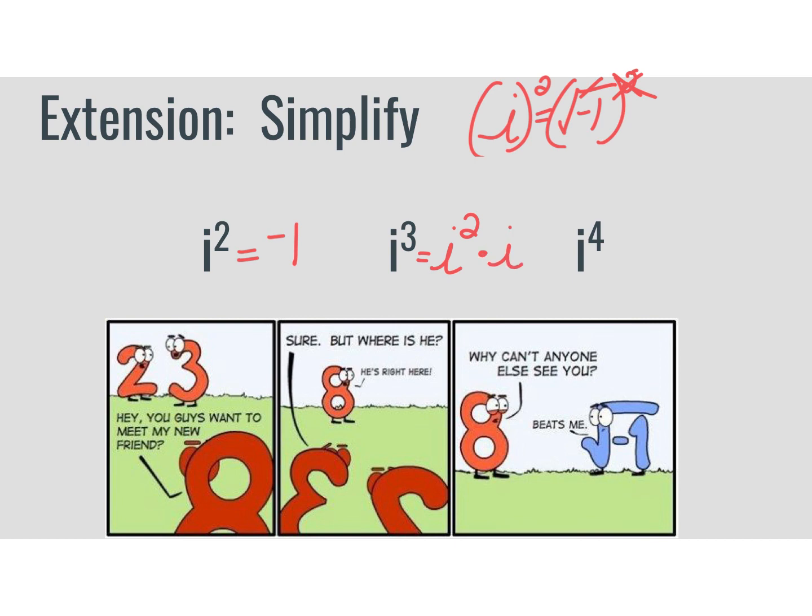And we just said i squared is negative 1, and i is the square root of negative 1. So this would be negative 1 times the square root of negative 1. Or i to the fourth, think of this as i squared times i squared. This would be negative 1 times negative 1, which would be positive 1.